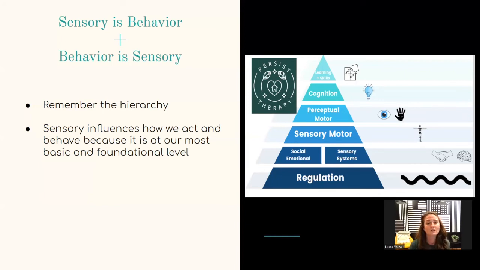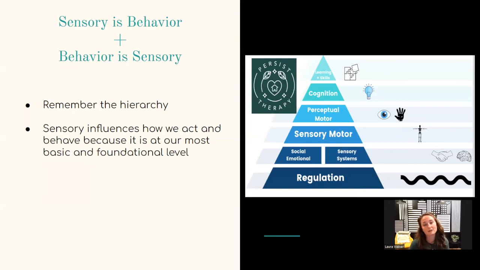Or maybe there's a child that's constantly picking fights with their classmates. If we want to use that sensory lens, we can ask ourselves, why? What's at the root of this? Maybe the child's actually really clumsy. They're kind of under-responsive to their environment. Or maybe they need more opportunity for movement. They're very under-responsive or craving.